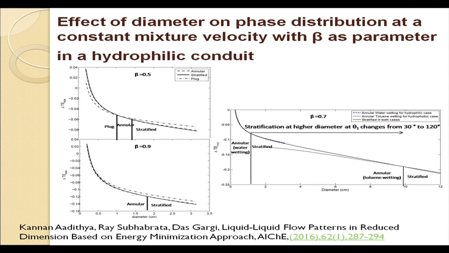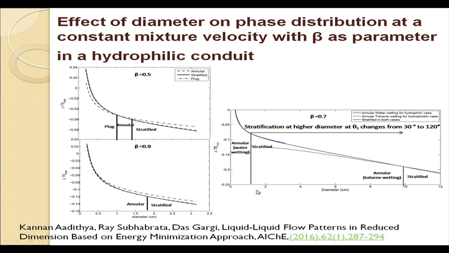Well, another important thing, so what are the things that we could get from here? We could predict the stable flow pattern, that was first. Next, we could use the analysis to predict the stable flow pattern both for hydrophobic as well as for hydrophilic cases.